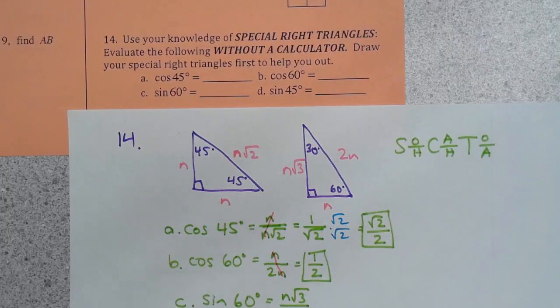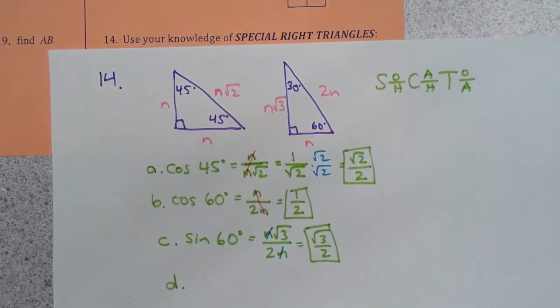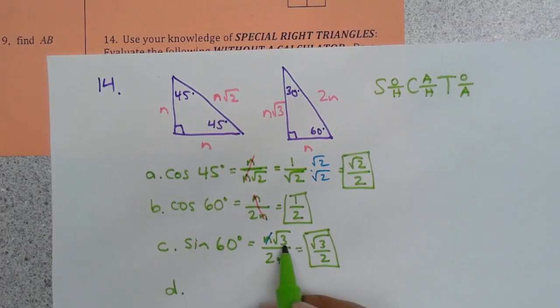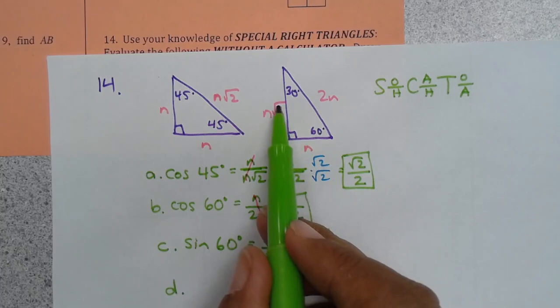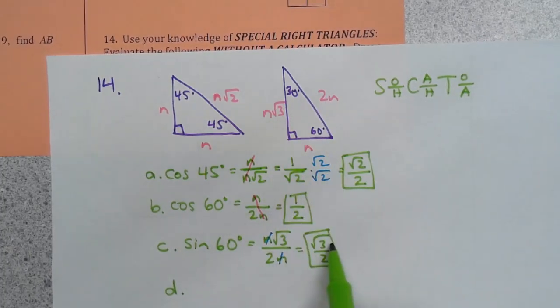And the n's cancel, and we're left with root 3 over 2.